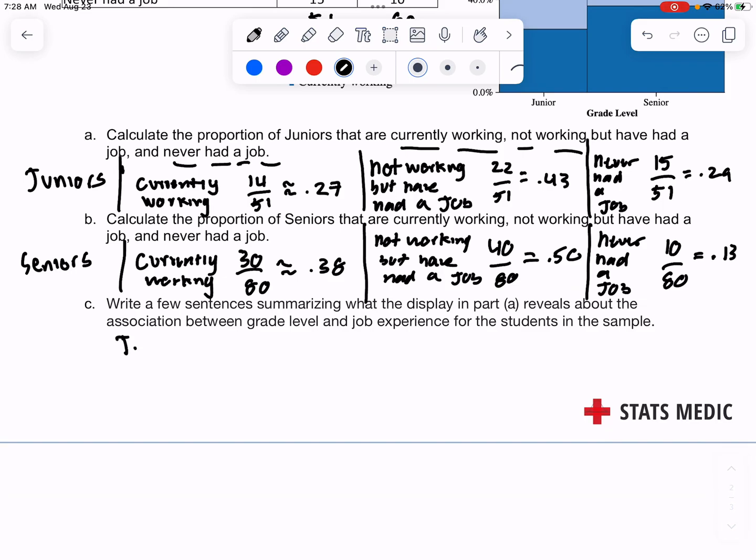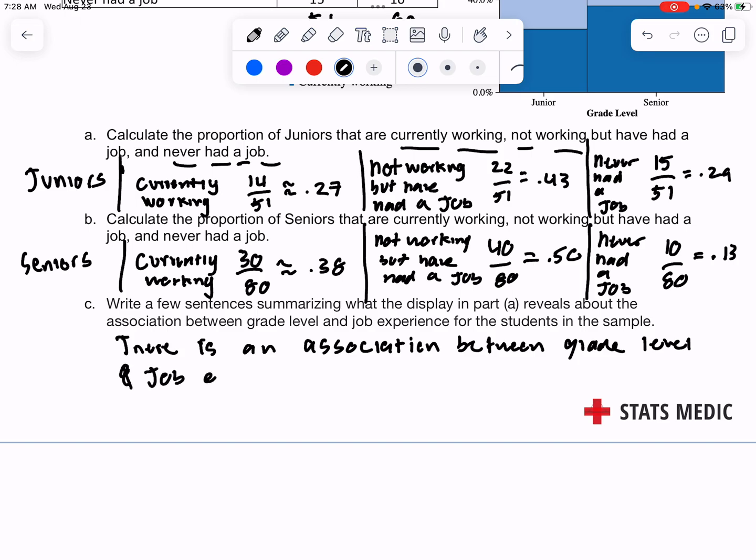So there is an association between grade level, whether you're a junior or a senior, and job experience. Okay, so there is an association. The bar graphs are not the same.